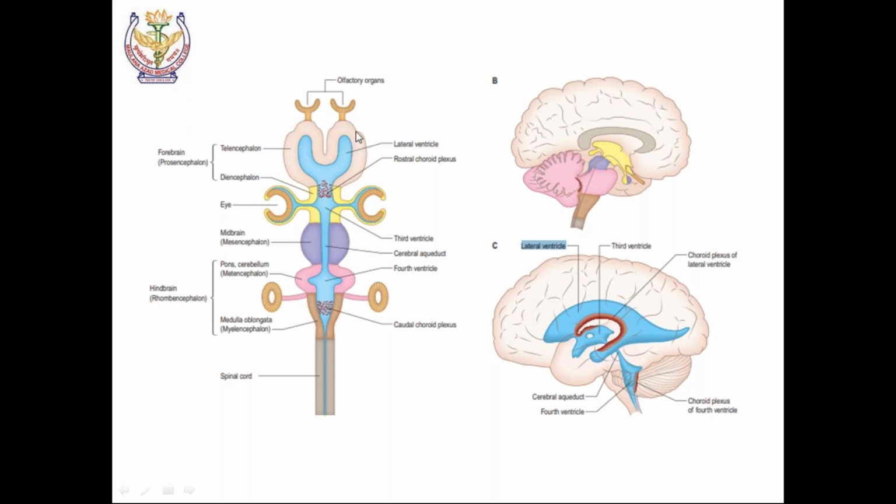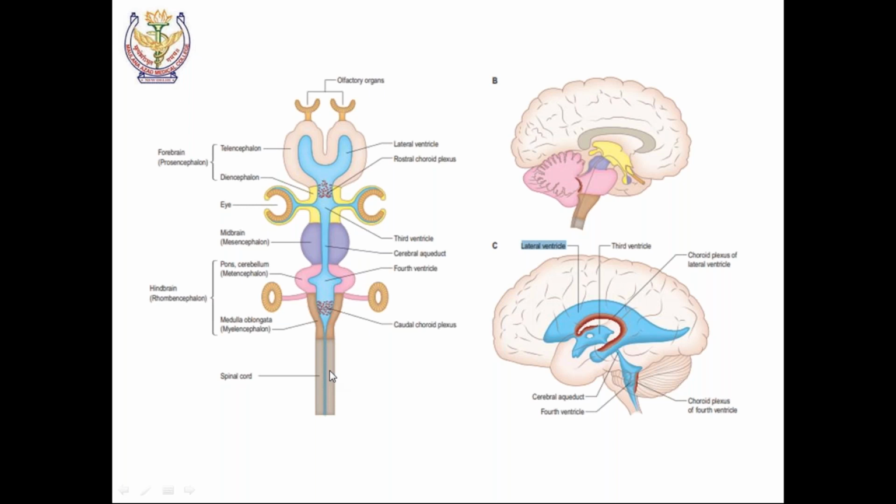Taking up this diagram, it is about the neural tube, and this part being the part of the forebrain or the prosencephalon, which is further subdivided into telencephalon and the diencephalon. And then we have the next part, that is the mesencephalon, and the hindbrain part, that is the rhombencephalon, which is further divided into metencephalon and the myelencephalon, which will form the medulla and the spinal cord.